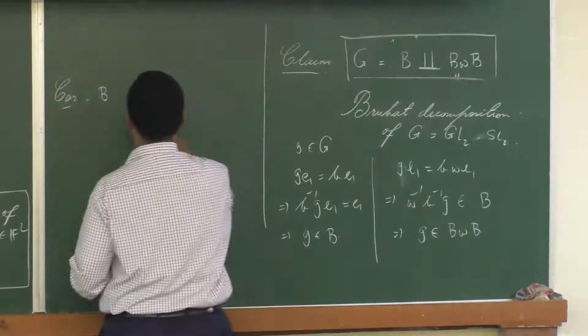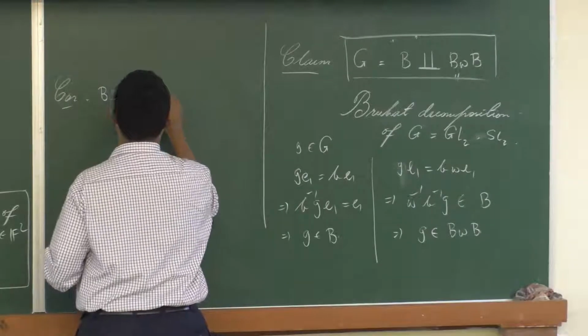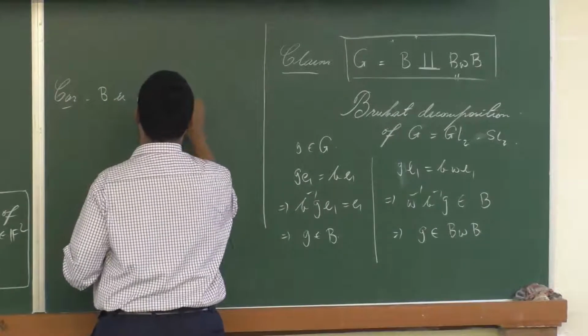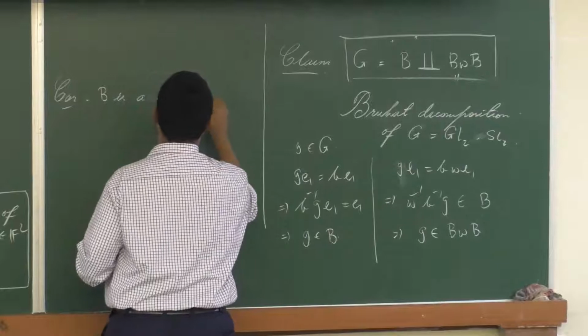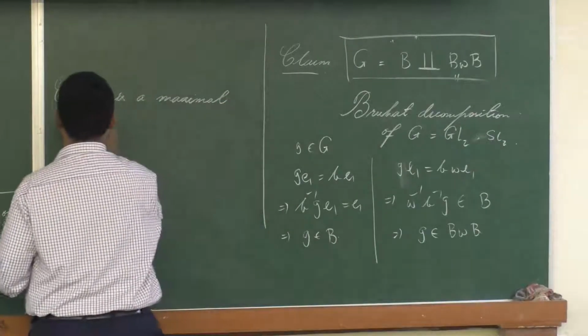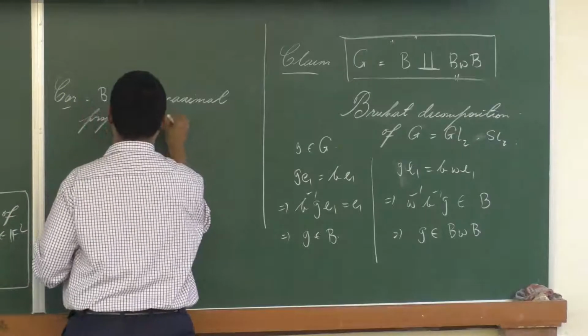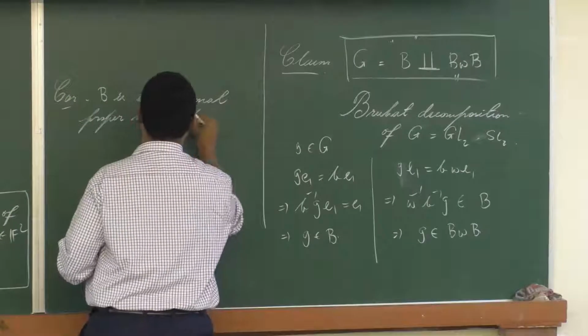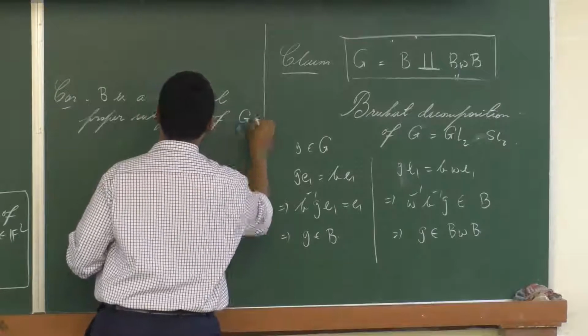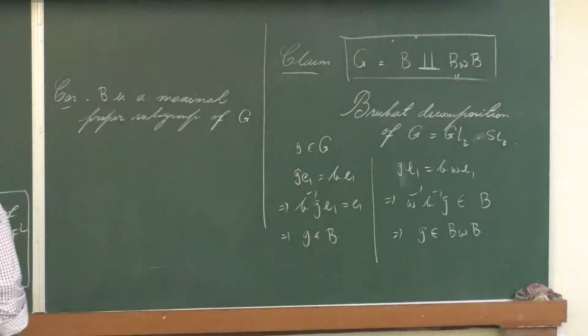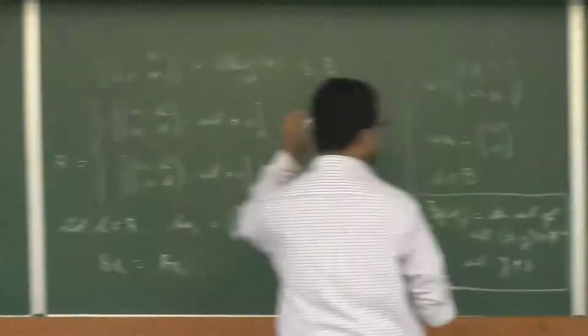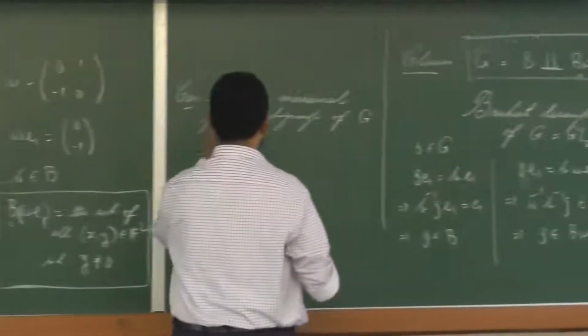B is a maximal proper subgroup of G. Again, G can be GL2 or SL2. So why so?